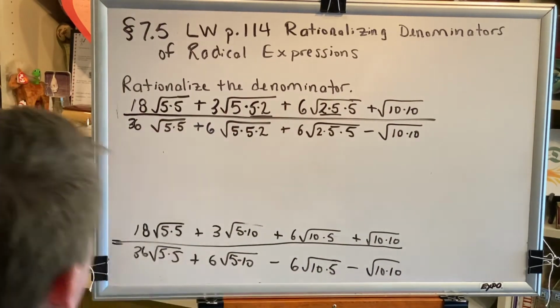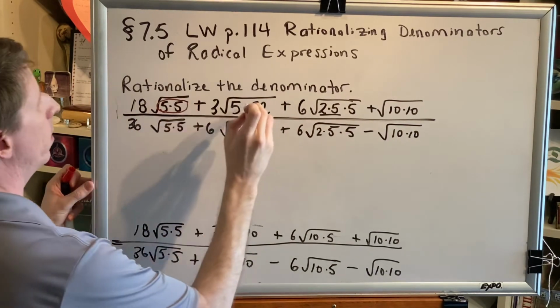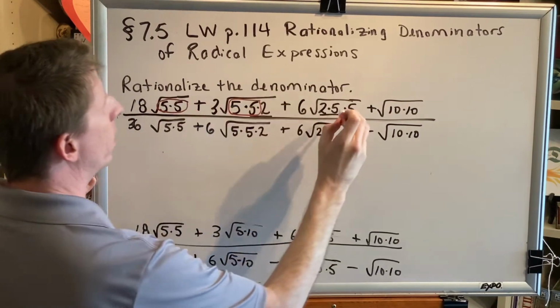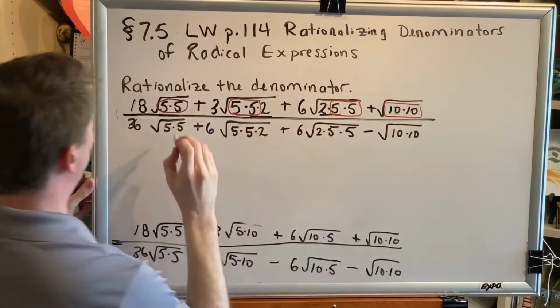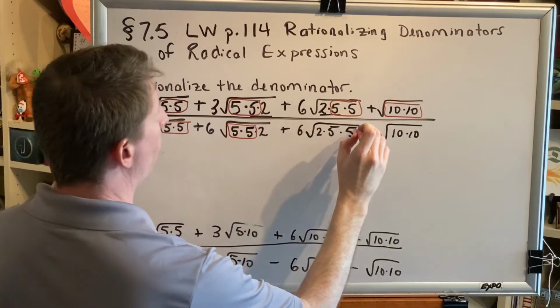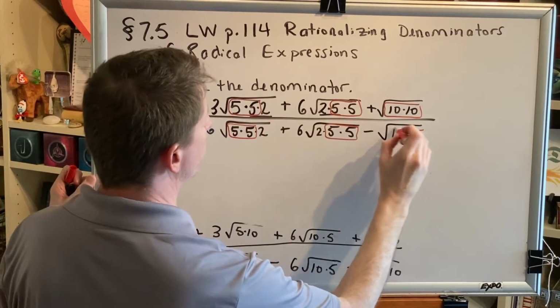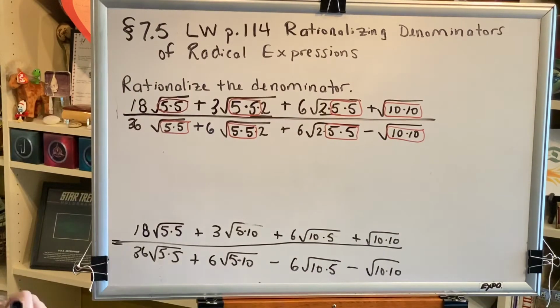Okay, let's simplify each one of our radicals by looking for pairs. There's a pair, there's a pair, there's a pair, there's a pair, and there's a pair. Each pair sends one representative out to multiply.